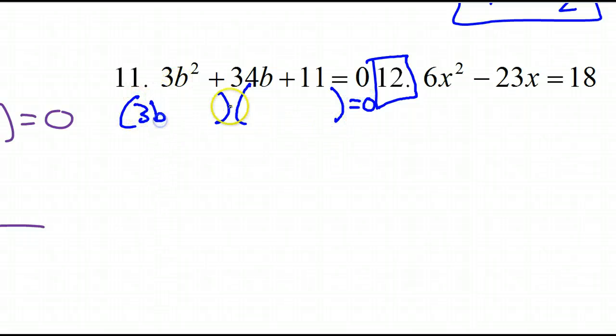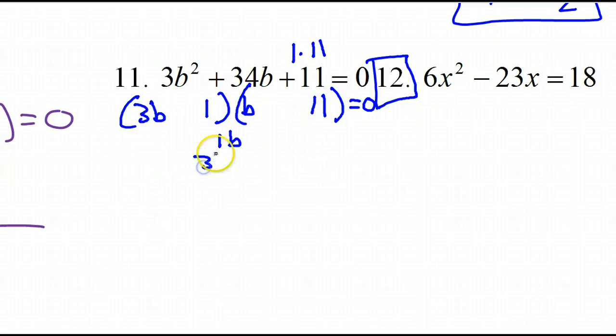3b can only be 3b times b. 11 is either going to be 1 times 11 or 11 and 1. So say if I do 1 times 11, then inner, I have 1b. Outer, I have 33b.